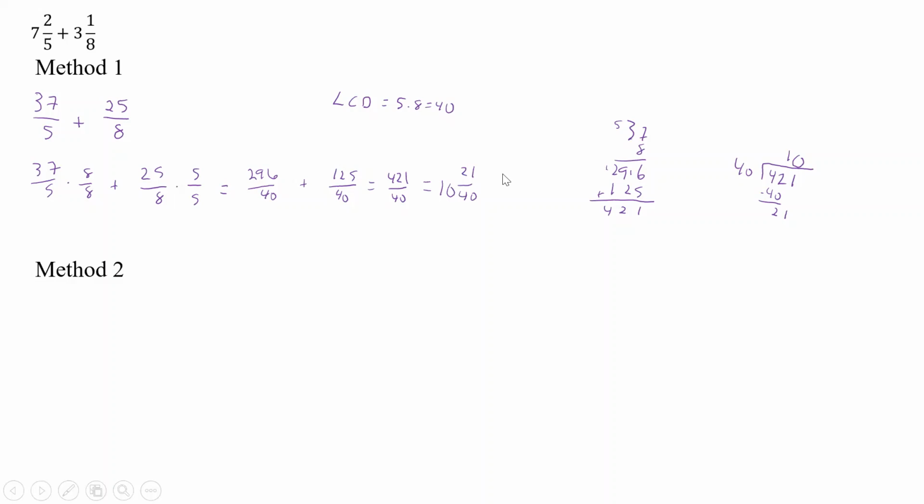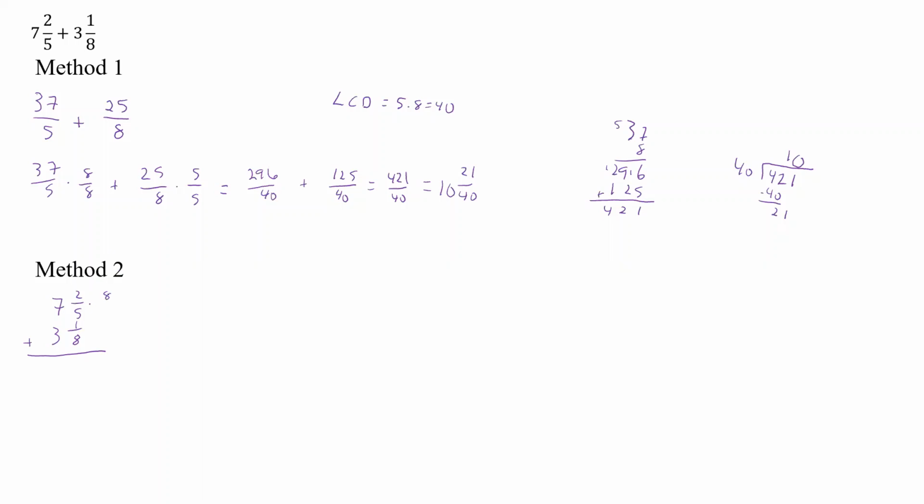Now we're going to do the same thing except for method 2. For method 2, we're going to line them up top to bottom. So we're going to have 7 2/5 plus 3 1/8. With this method, we add the whole numbers and we add the fraction part. So again, we have to get a common denominator. We already found the common denominator is 40.